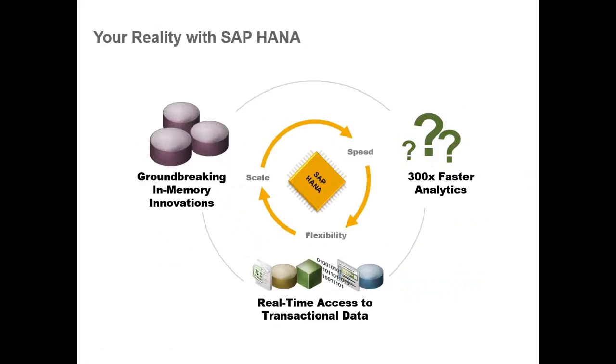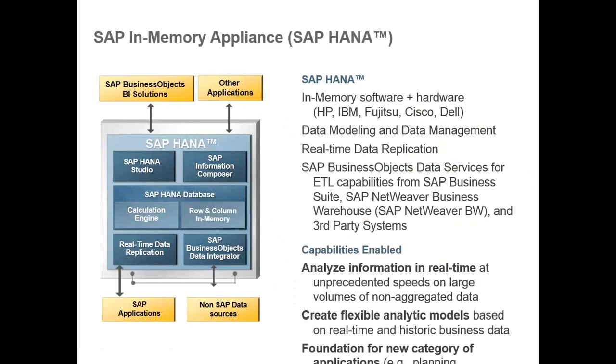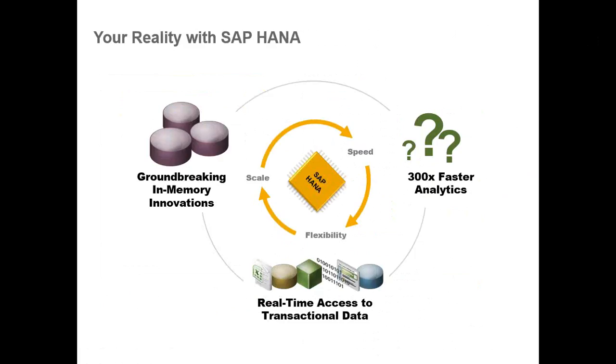I don't want to use a percentage for how much it will improve, but you can see numbers like 300 times faster than the regular systems, depending on the sizing of the machine. Definitely it is faster.